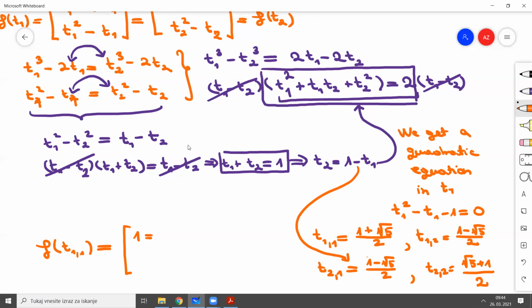You can check that we get exactly 1. And also for the other coordinate, the second coordinate, it is T1 squared minus T1, which is 1. So it's actually the point (1, 1).